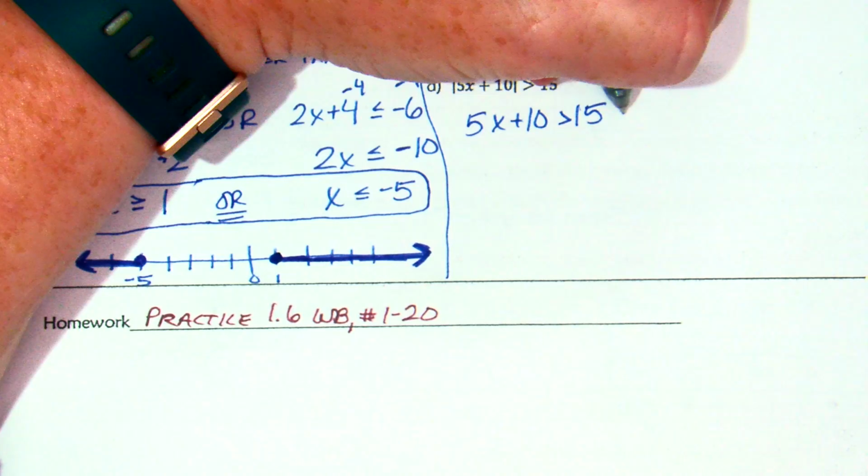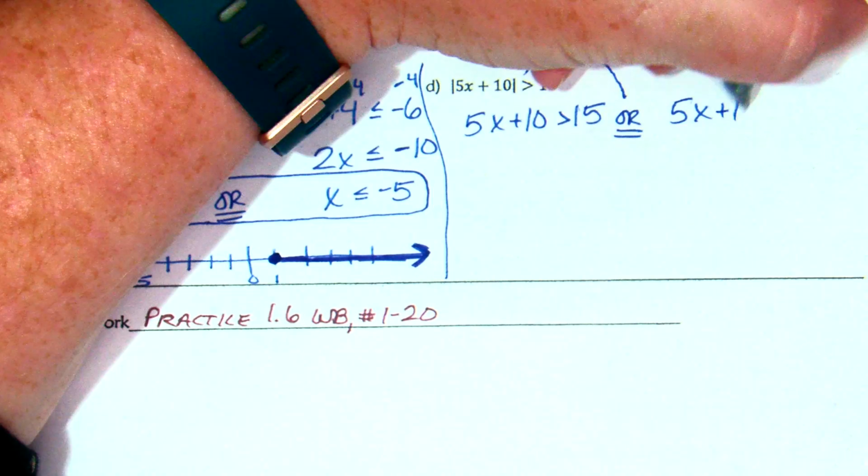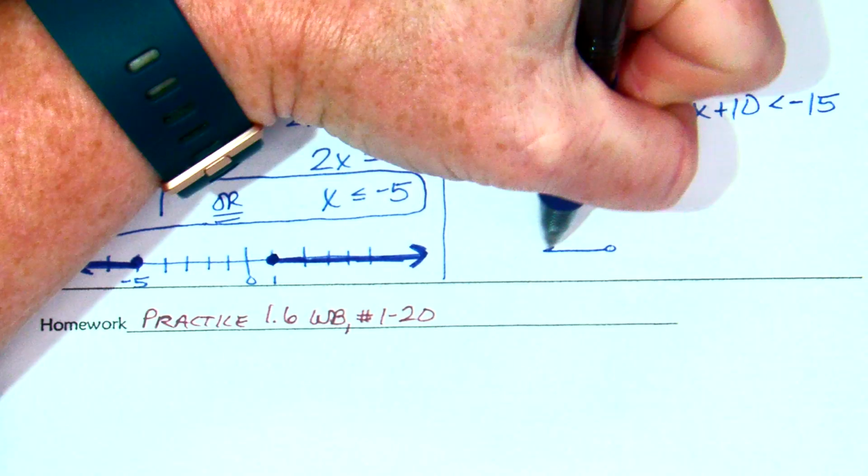Or, because again, it's greater than. And then 5x plus 10 is what? Less than negative 15. Okay. And when you do your graph, realize again it would go out. Okay.